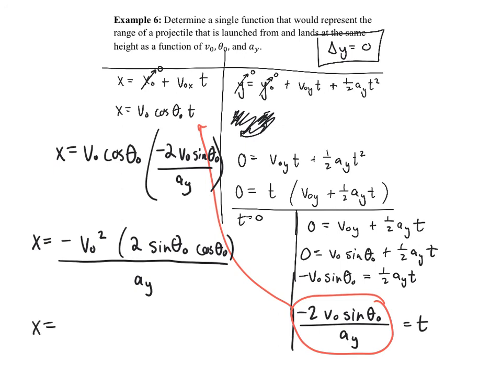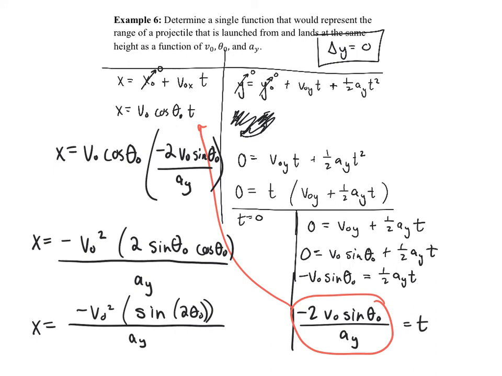Now, there's a trigonometric identity that you're going to learn this year in your pre-calc course. You may have seen it last year in geometry, though I don't think you do in geometry. What it says is the following: whenever you have 2 sine theta cosine theta, that is equal to the sine of double that angle. It's called the double angle law. It's the sine of double angles, really.